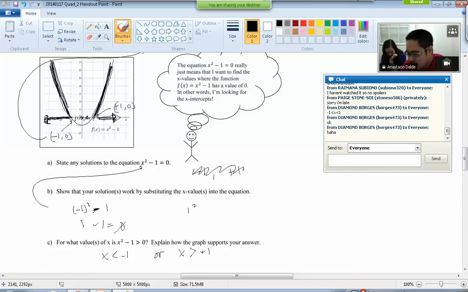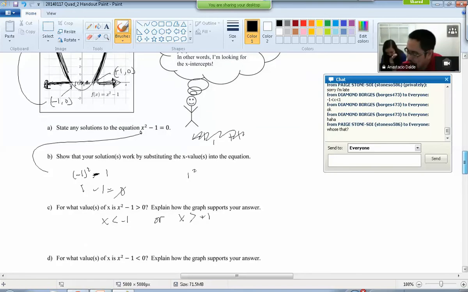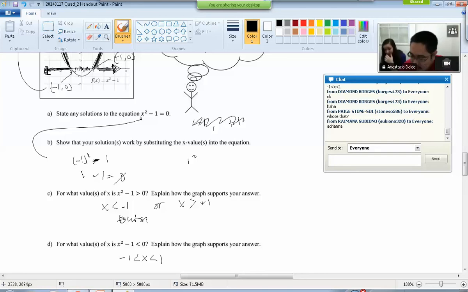What I'm asking is, when does this parabola dip below the 0 line? And that's where I would agree with Diamond's statement, where I say it's between -1 and 1. We cool? So this one is saying the outside, and this is saying between or inside.